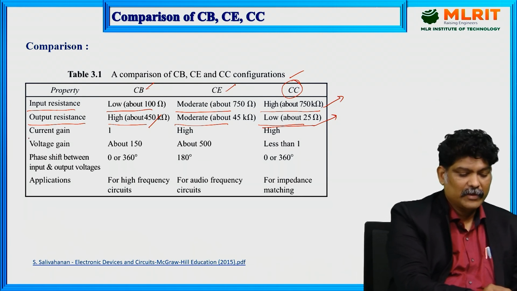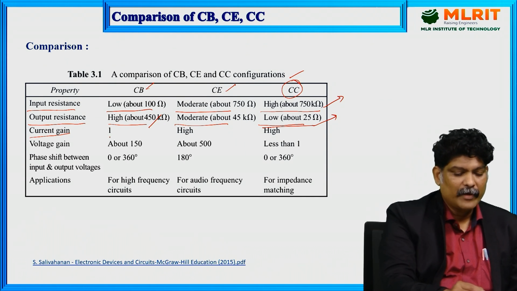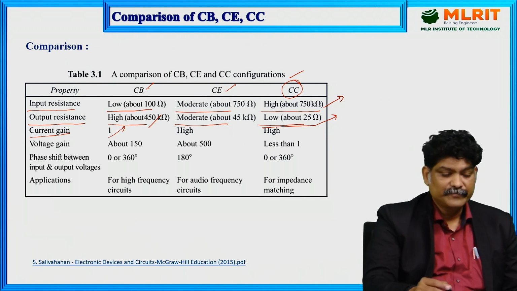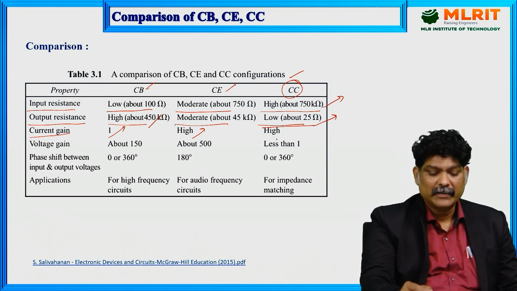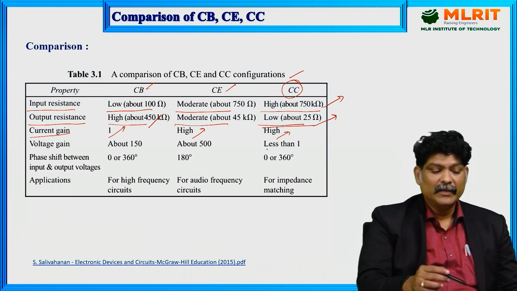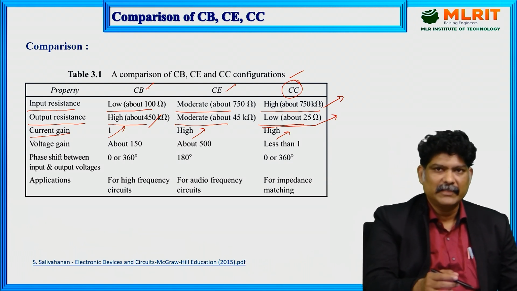The next property is current gain. For common base it is 1, for common emitter it is high, and for common collector it is high. The disadvantage of common base is its current gain.